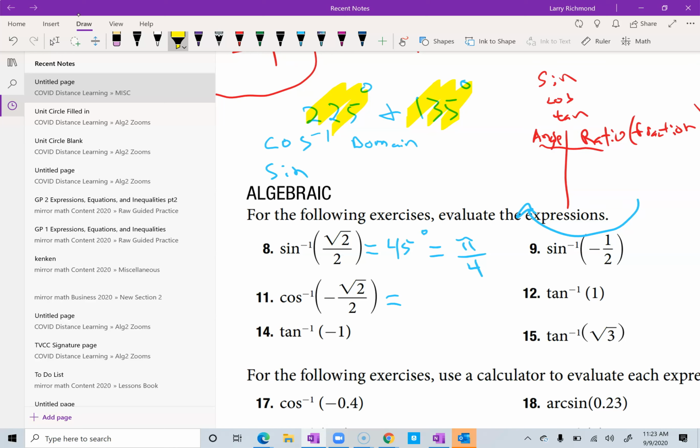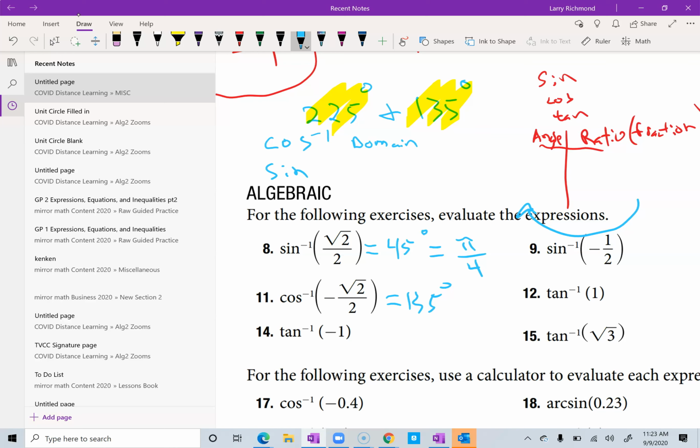We can only choose one of them. What are we going to choose? Yes, why 135? Because it's the only one that stays in that zone. Exactly right. It's the only one that falls in the 0 to pi. 0 to pi is 0 to 180. 135 falls in the 0 to 180.